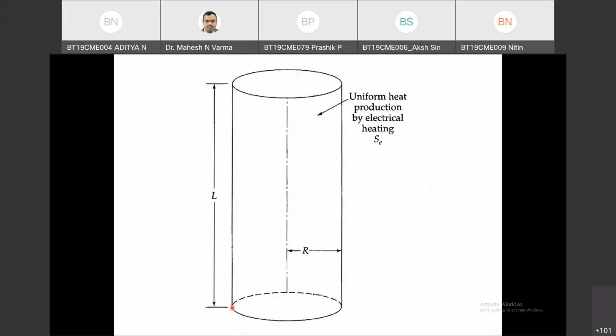So you think, okay, this is z direction. Here at z equals 0, z equals 1 centimeter, z equals 2 centimeter, whether you will feel a variation in temperature?